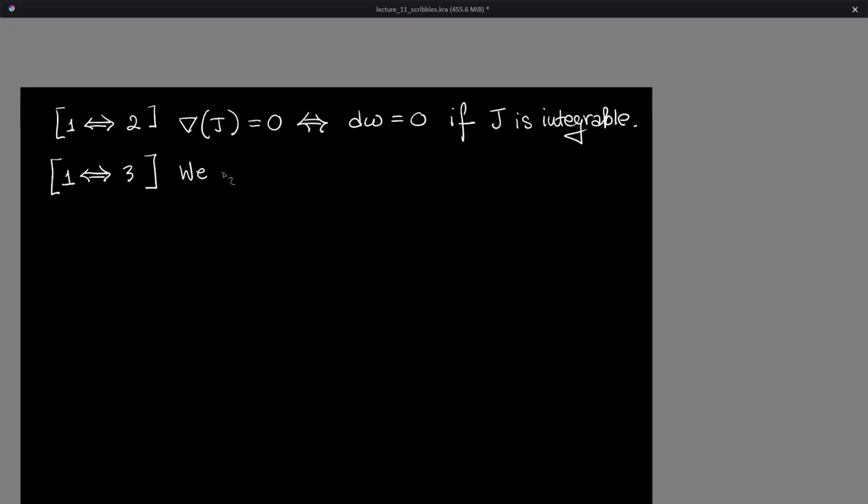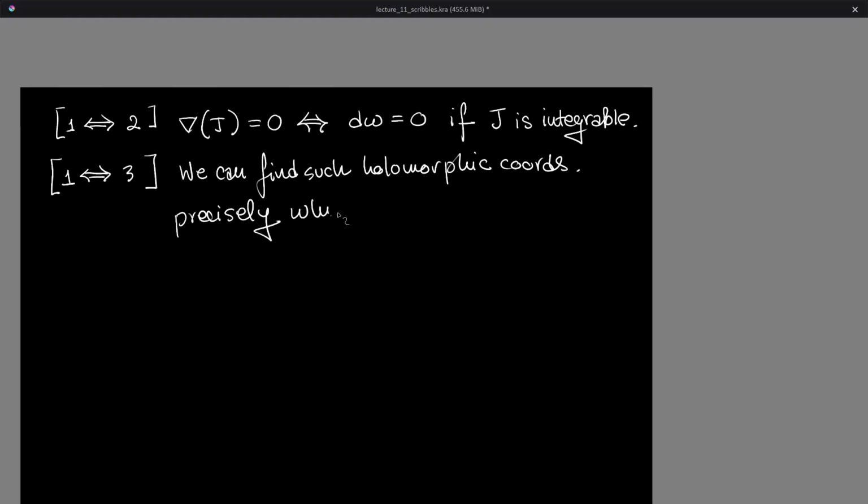And that is because we can find such holomorphic coordinates precisely when d omega equals 0. That's when these coordinates would exist.